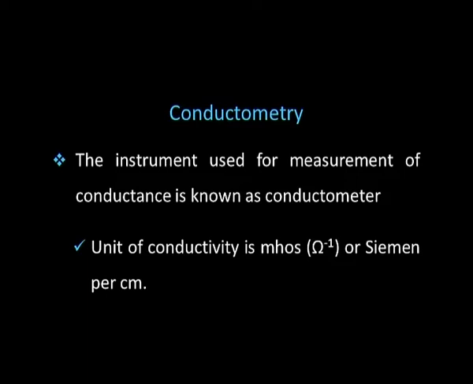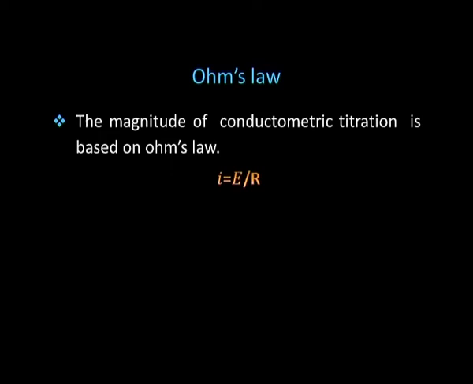centimeter. Let us now consider Ohm's law. The magnitude of conductometric titration is based on Ohm's law. Here current I is equal to E by R, that is, the current flowing through the circuit depends upon potential and resistance.